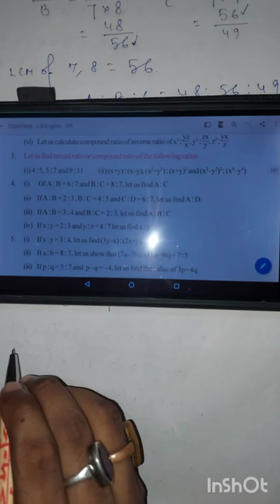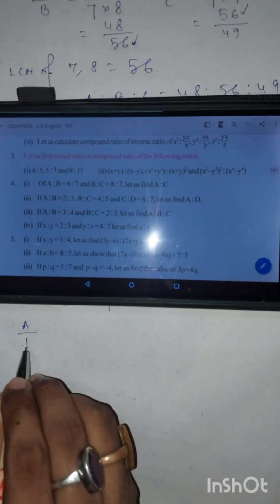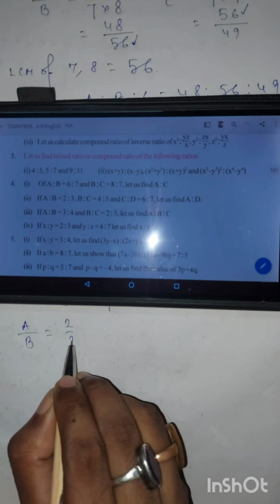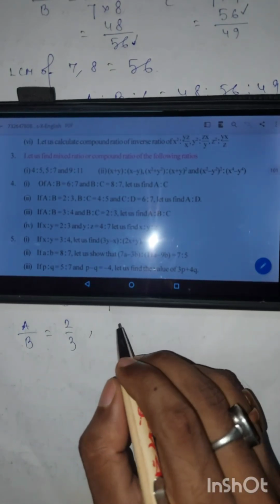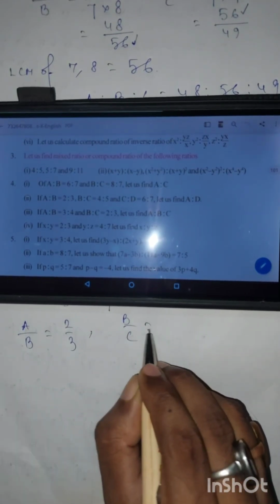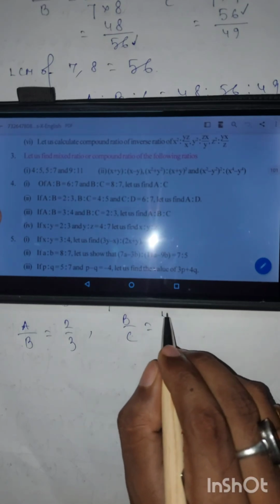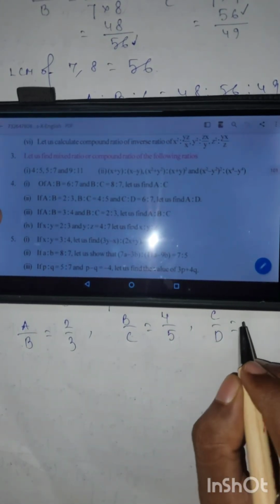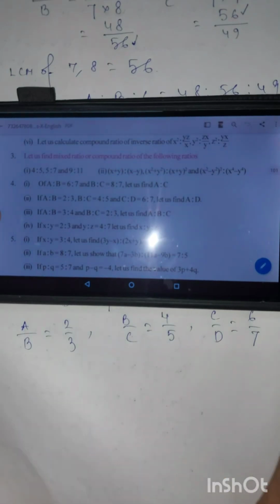So now, A by B is 2 by 3, B by C is 4 by 5, C by D is 6 by 7. Okay.